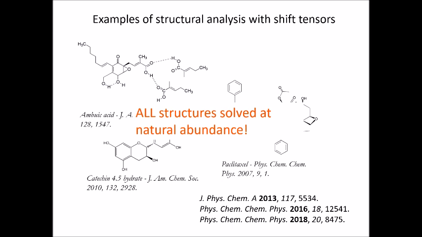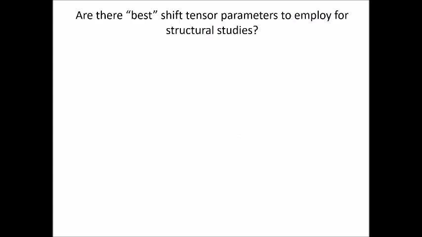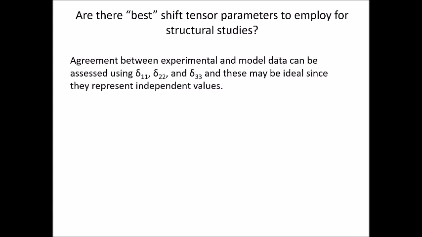One of the interesting questions that comes up if you're going to do structural analysis with a chemical shift is which is the best parameter to employ for structural studies? Well, we just said there are three values that you get, the δ11, δ22, and δ33 values. We usually select by making a series of model candidate structures, and then we see where we get agreement with experimental data. And I would contend that these principal values, δ11, δ22, and δ33, are probably one of the best ways to do the analysis.